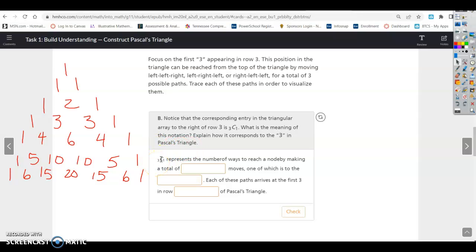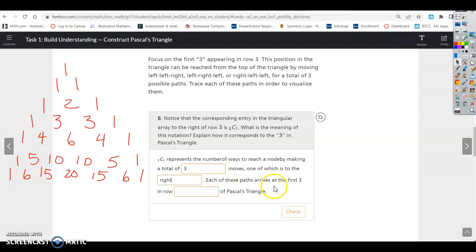All right, 3 combination 1 represents the number of ways to reach a node by making a total of 3 moves, one of which is to the right.